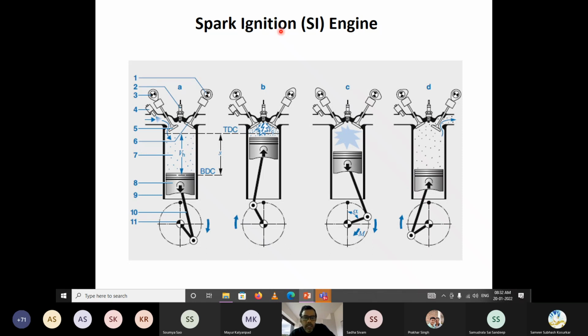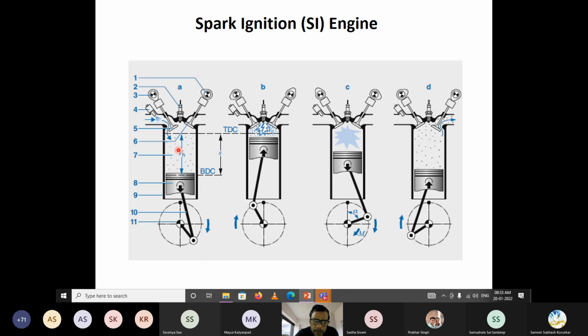Let us not go into such details right now, but the technology in which you inject the gasoline directly into the combustion chamber is called gasoline direct injection, GDI.